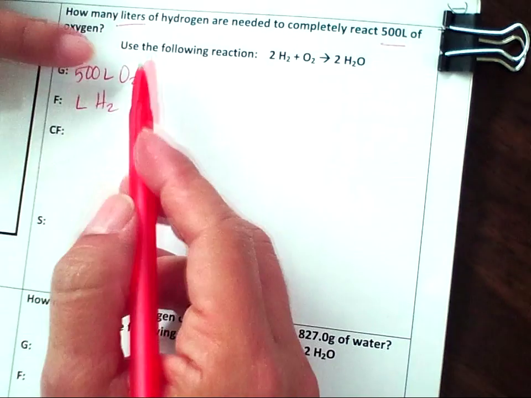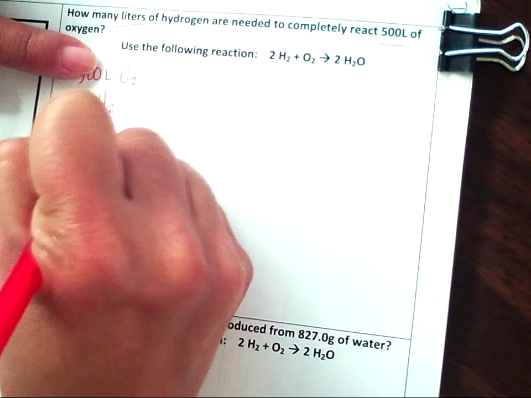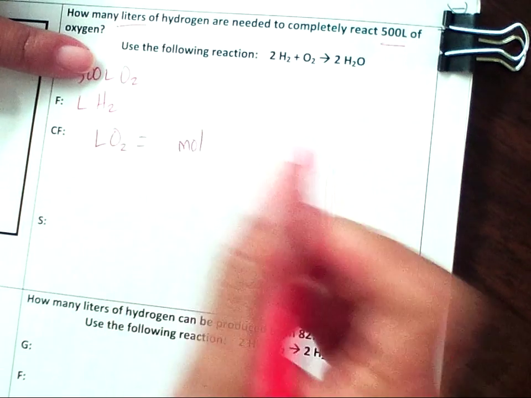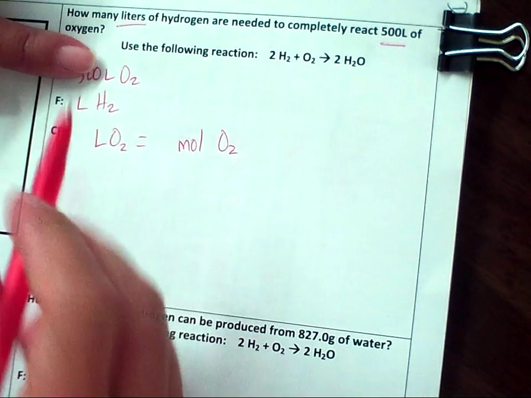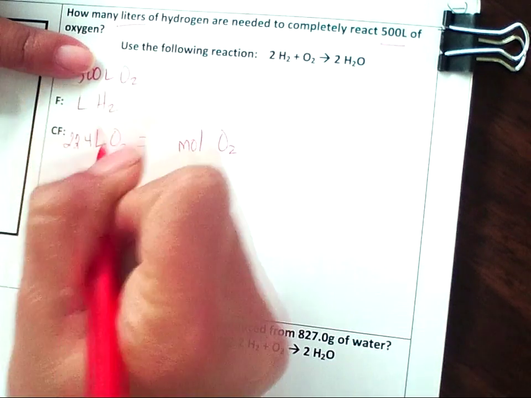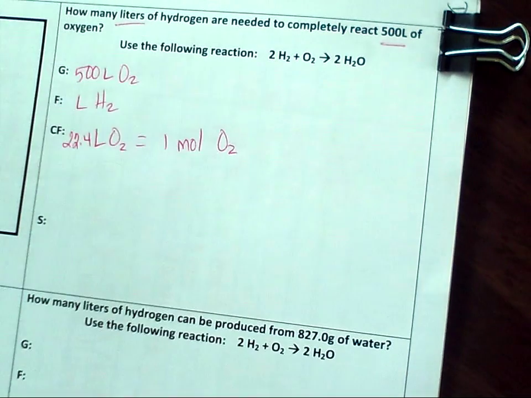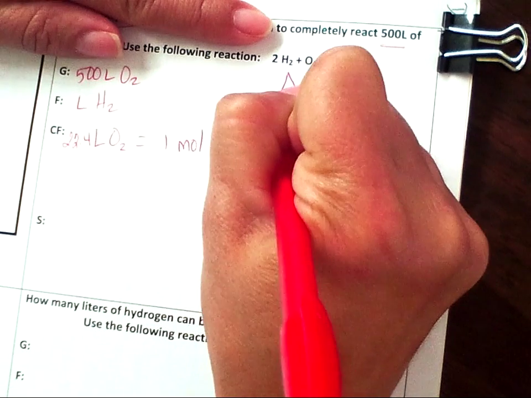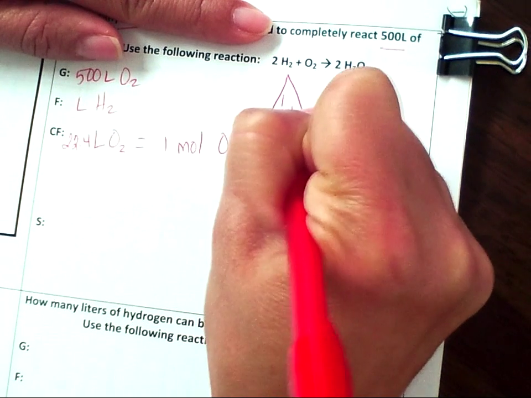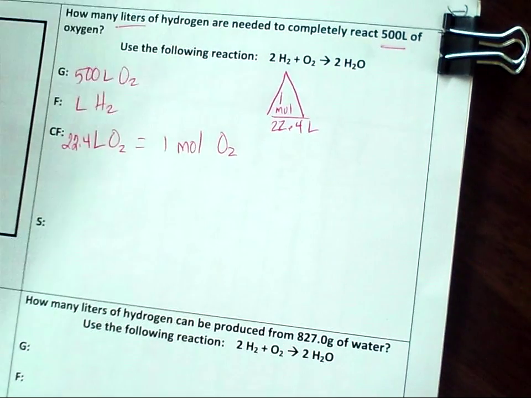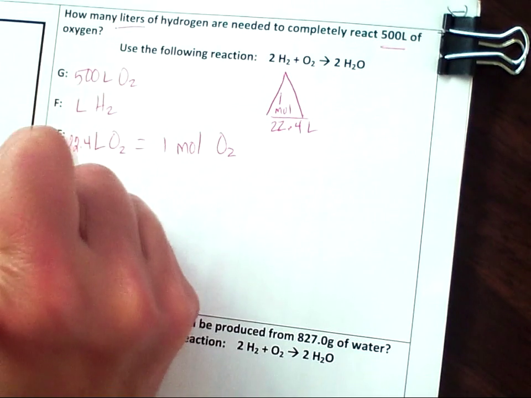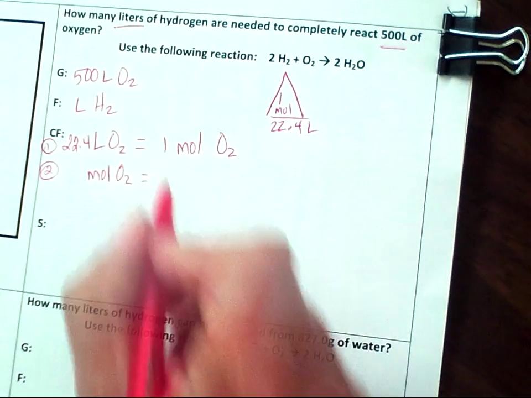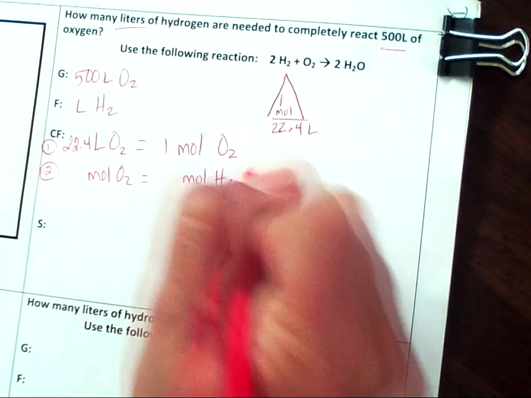The conversion factor, you start off with what was given. We have liters of O2, and we always convert to moles first. Using the triangle, we have 22.4 liters are equal to 1 mole. That's the relationship between liters and moles. Remember this? Okay. For the second one, we're going to go from moles of O2 to moles of H2.